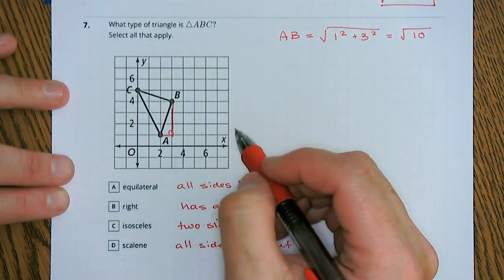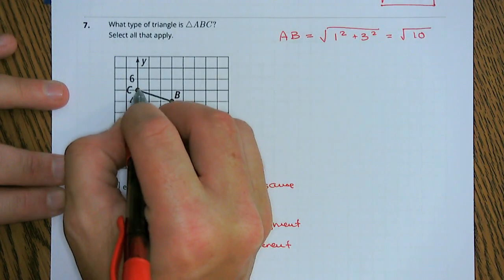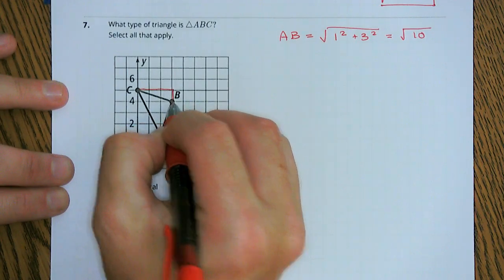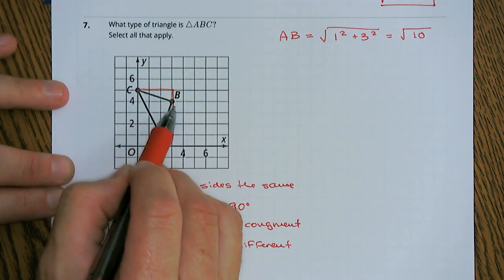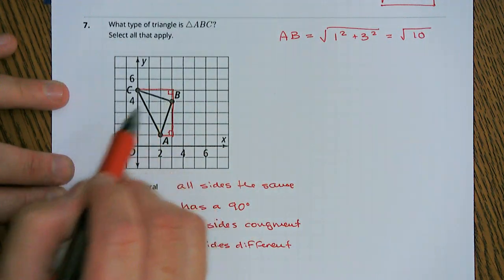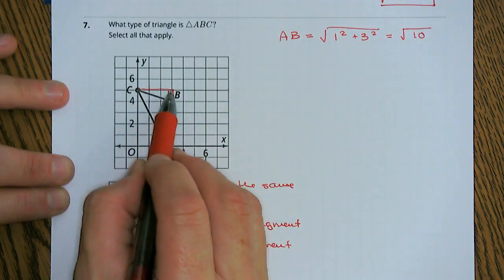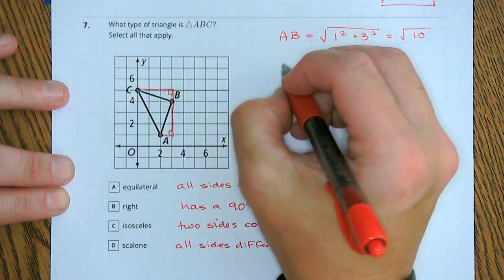Okay, now let's take a look at BC. BC is this segment here, and once again, we can make a right triangle where BC is the diagonal of that right triangle. We can see that it's 1, 3 again, just in a slightly different order.